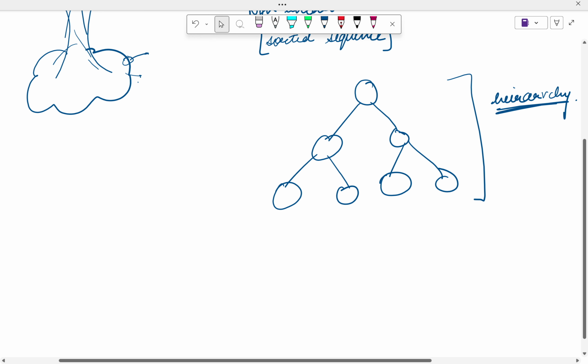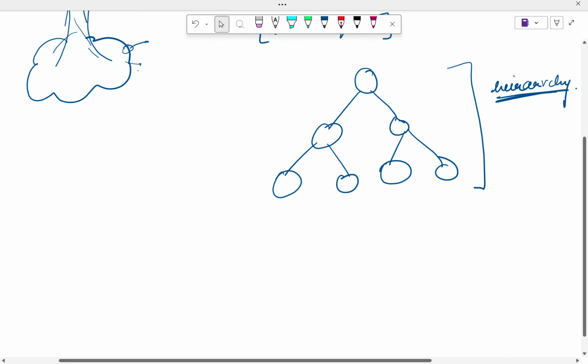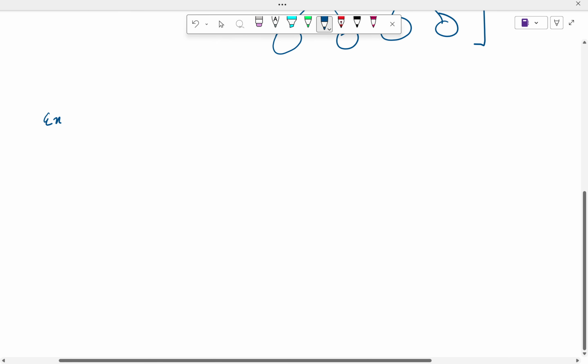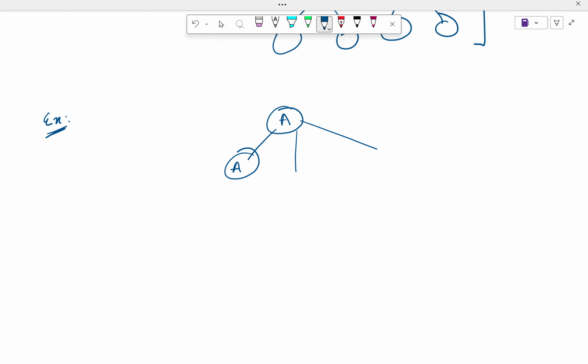Right? So now let's come to the technical terms of a tree. So now let's take an example tree, right?